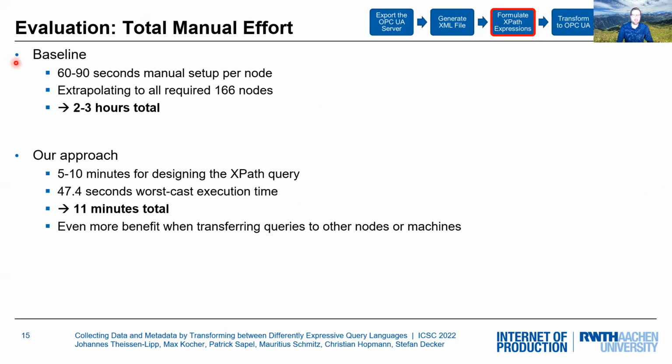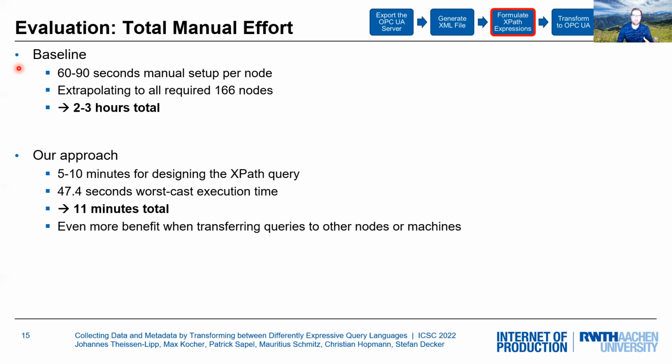Our baseline is the up-to-date scenario that the domain experts inspect the OPC server manually, and then they extract the node IDs they would like and put them in a list, and then start the OPC data extraction later. And this requires up to 60 to 90 seconds per node. This is a manual effort that is required.